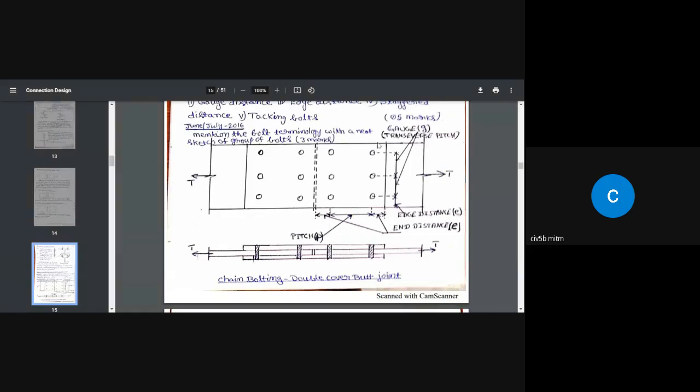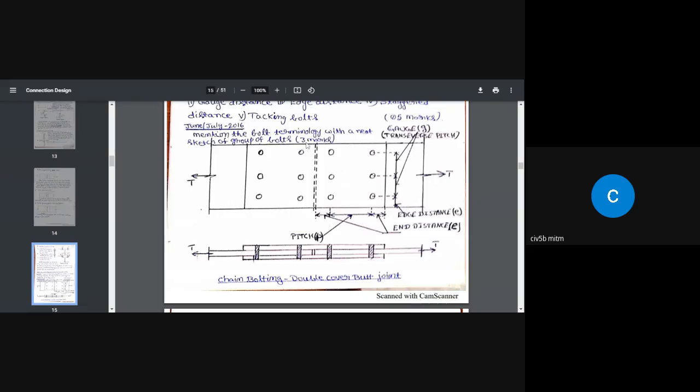If you look here, two plates, and we are connecting those two plates through a butt joint. Each side is connected with 6 bolts, and those 6 bolts are arranged along 2 lines.